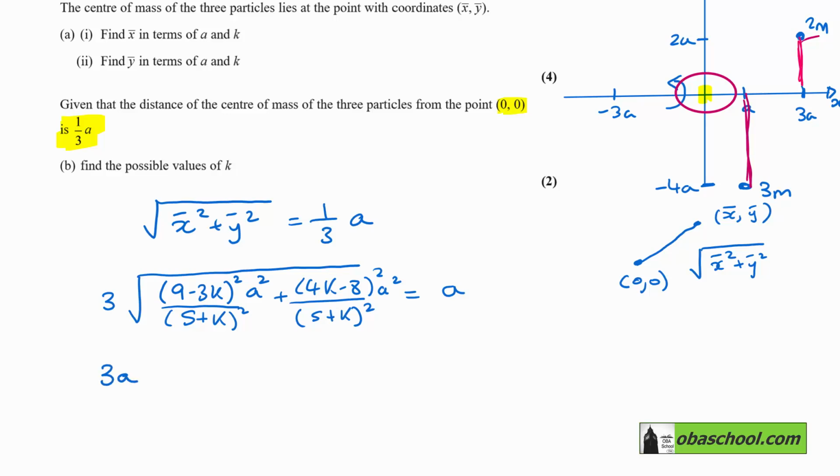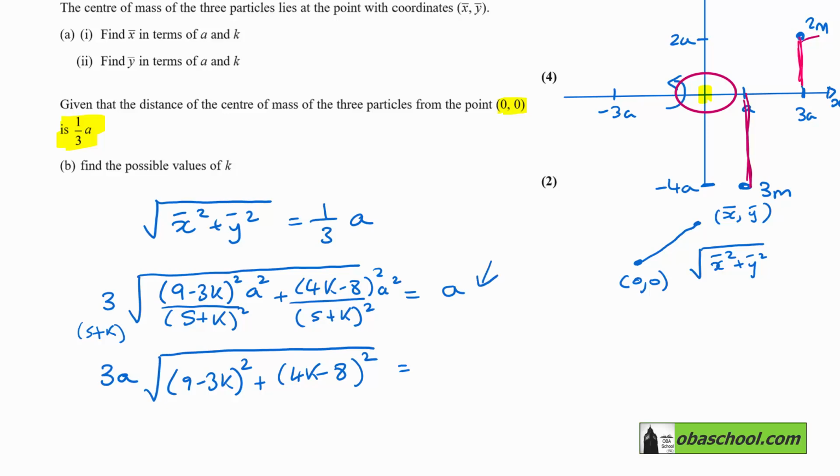Remember, they'll square root, so we'll have 3a, and then the square root of (9 minus 3k) squared plus (4k minus 8) squared. I'm also going to bring out the (5 plus k) squareds, which would come out as 5 plus k on the bottom, and I'm going to take that up to the other side. Then we'll have (5 plus k) a, and we can cancel out the a's.